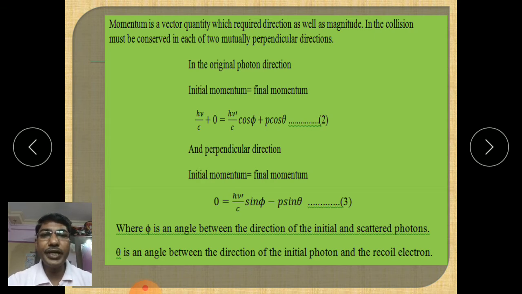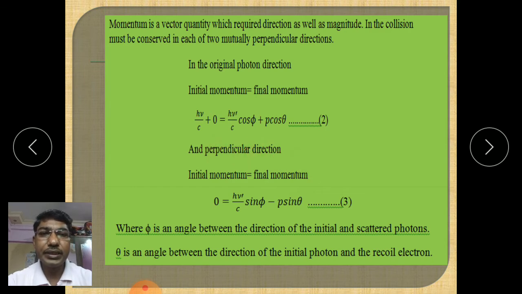Initial momentum h nu upon c plus 0, where h nu upon c is the incident photon momentum and 0 is the momentum of electron at rest, is equal to h nu dash upon c cos phi, the momentum of scattered photon in the original direction, plus p cos theta, the momentum of recoil electron.